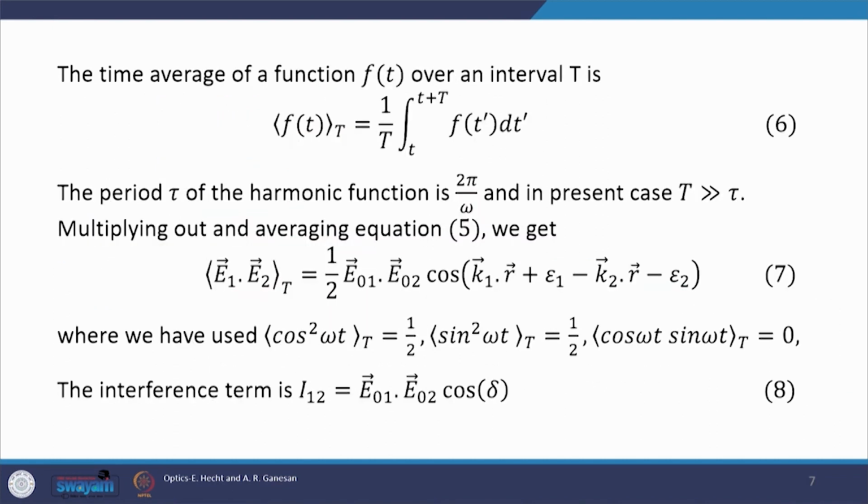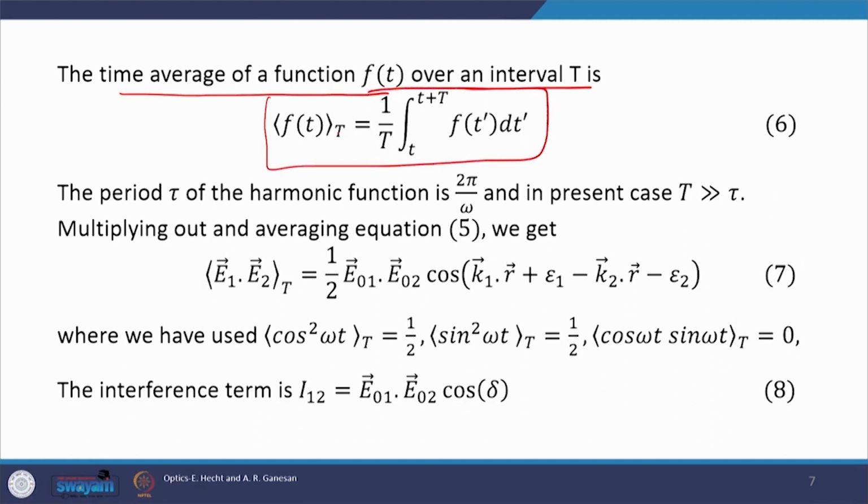Now, once these things are done, let us take the time average. So then the question arises, what is the time average? The time average of a function f(t) over an interval T is defined through this relation.